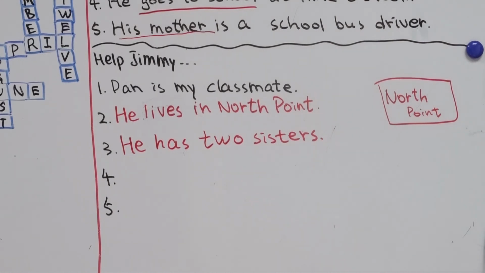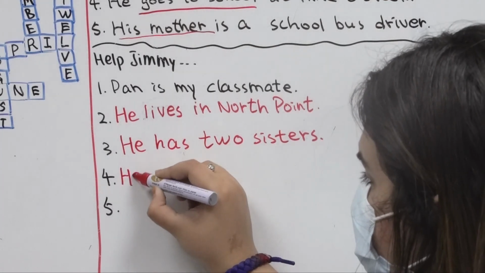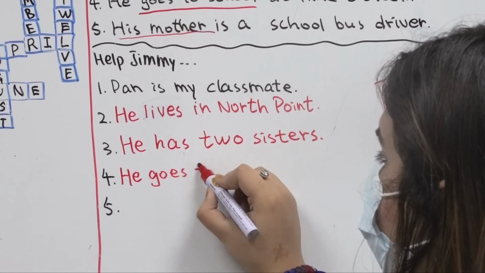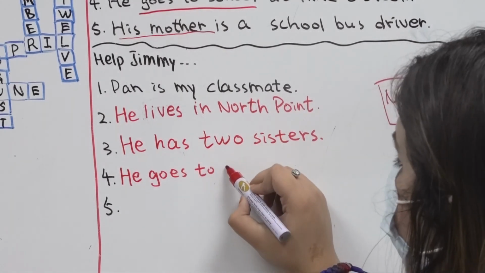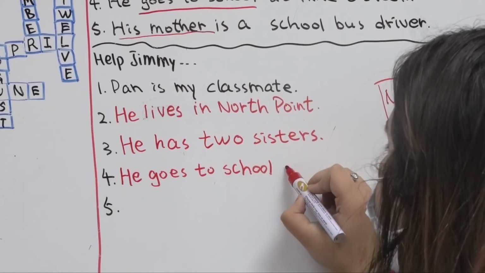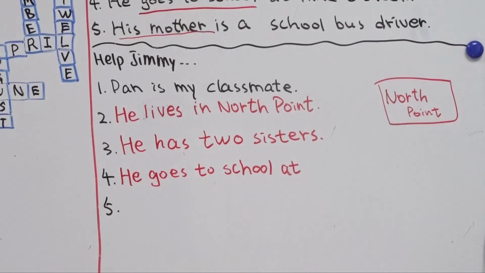Number 4, you're going to talk about what time he goes to school. So he goes to school at what time? We have learned about the clock, right? Where is the minute hand?